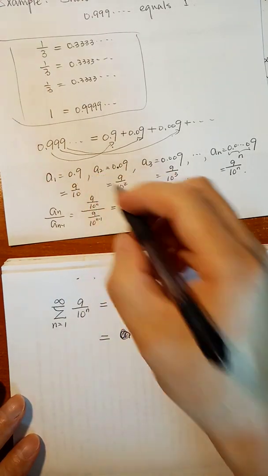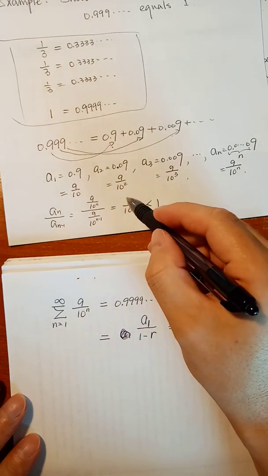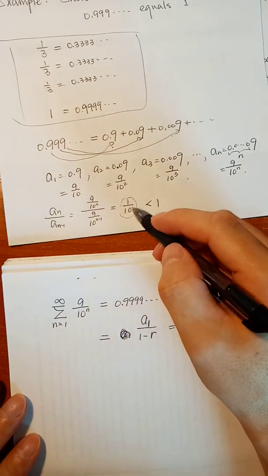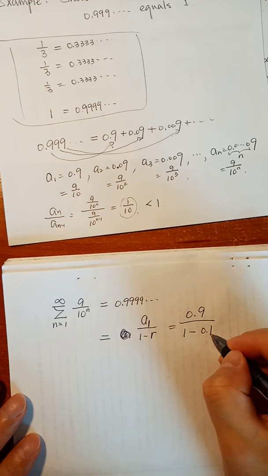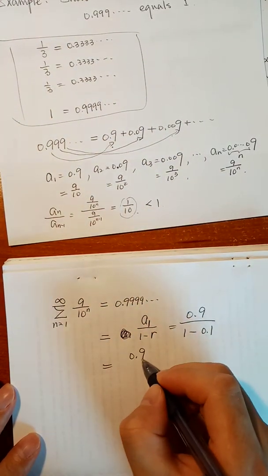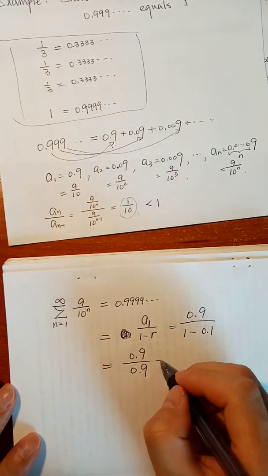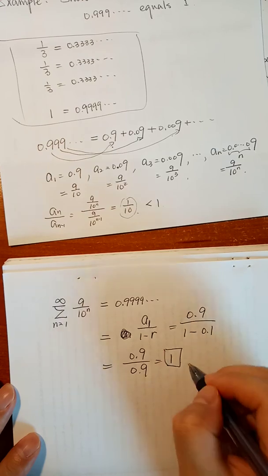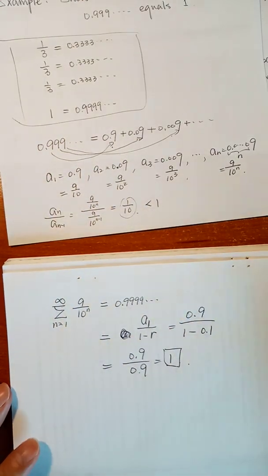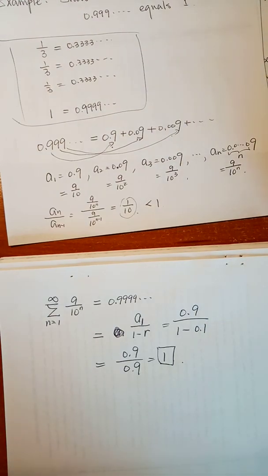The initial term is 0.9, the common ratio is 1 over 10, which is 0.1. So 0.9 over 1 minus 0.1 is 0.9 over 0.9, which is 1. See, we do have our repeating decimal equal to 1.